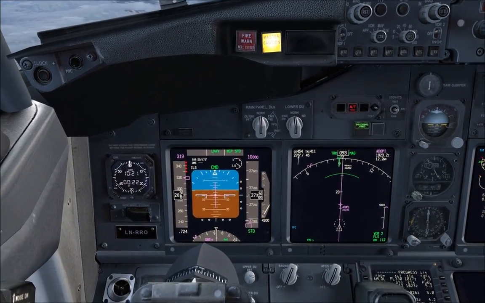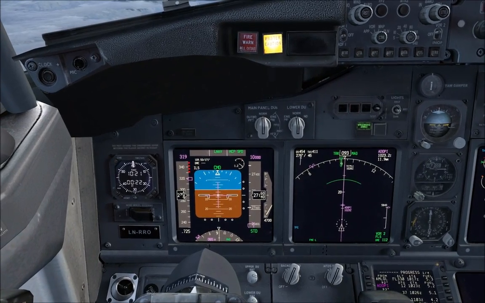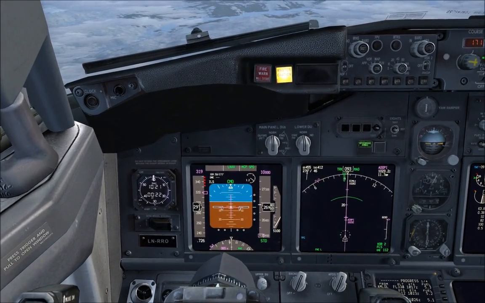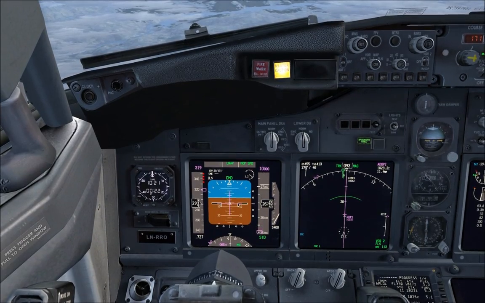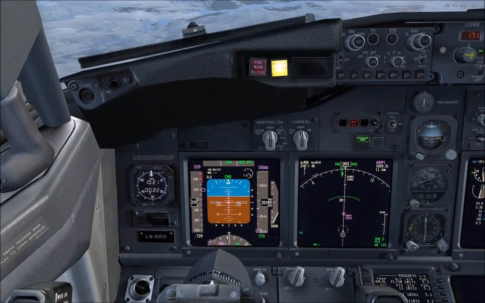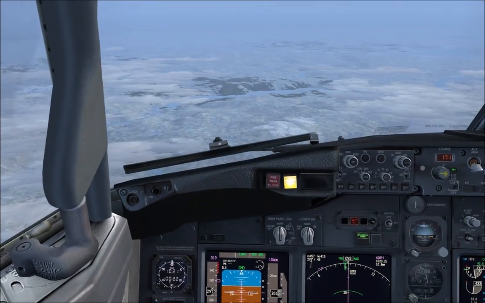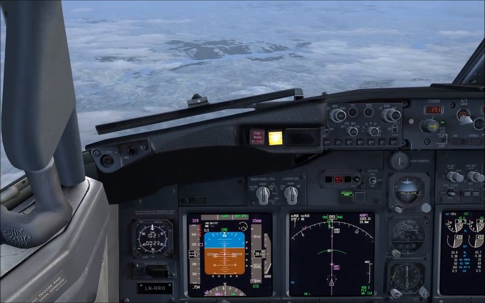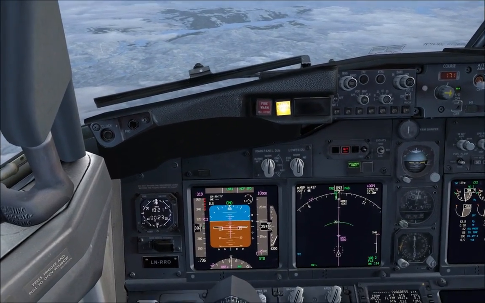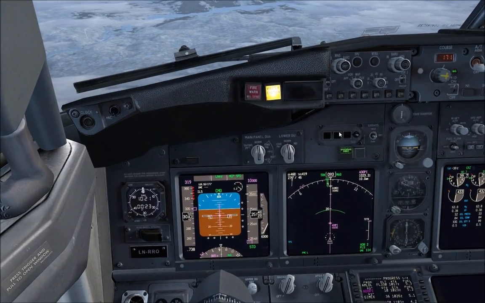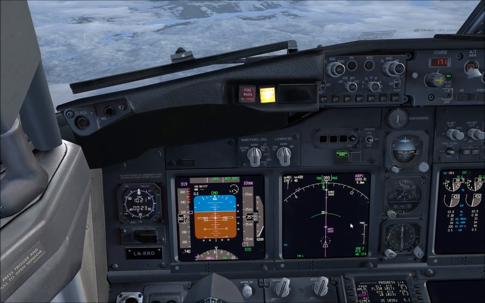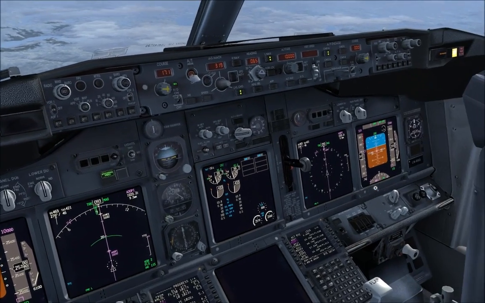Reference items. When approaching the level-off altitude, smoothly lower the speed brake lever to the down detent and level off. Add thrust and stabilize on altitude and airspeed. Crew oxygen regulators, normal. Flight crew must use oxygen when cabin altitude is above 10,000 feet.